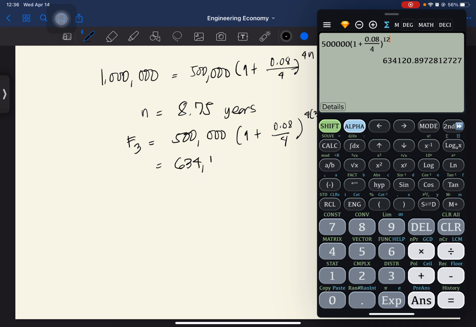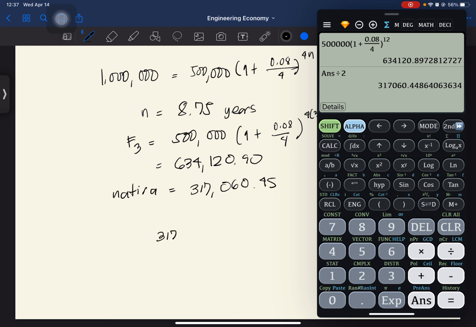Katulad kanina. Tapos divide natin by 2. Okay. So, natira sa investment mo is 317,060.45. Tapos ngayon, yung natira, yun yung palalaguin mo hanggang maka 1 million ka.